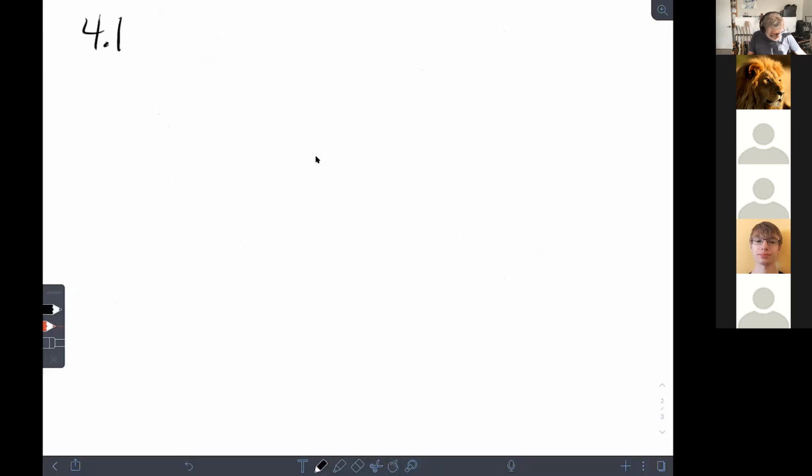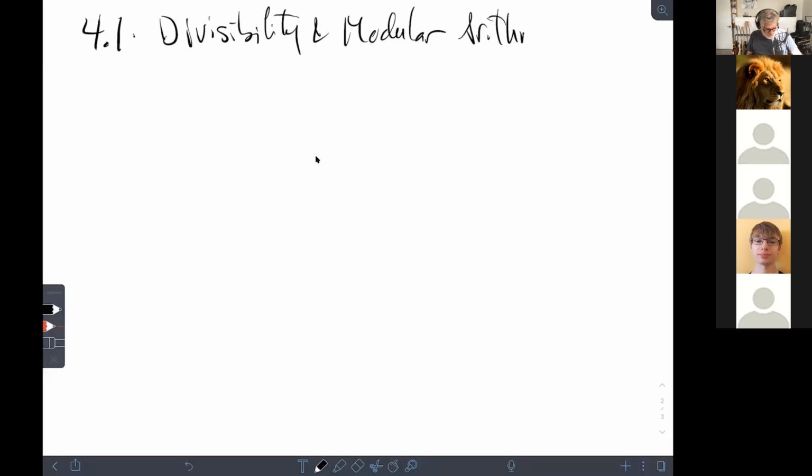Section 4.1 is divisibility in modular arithmetic. Unless otherwise specified, everything here deals with integers. When I say there exists something, or for all, unless I specify otherwise, everything is an integer.